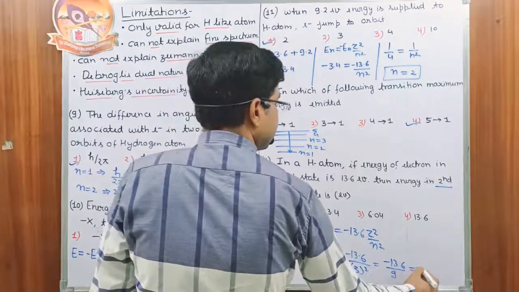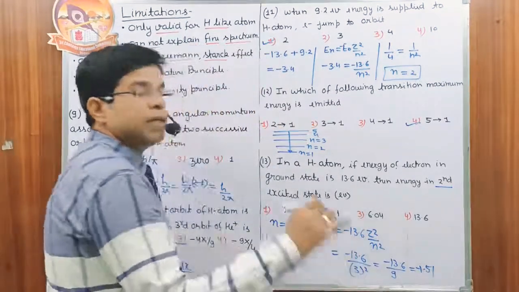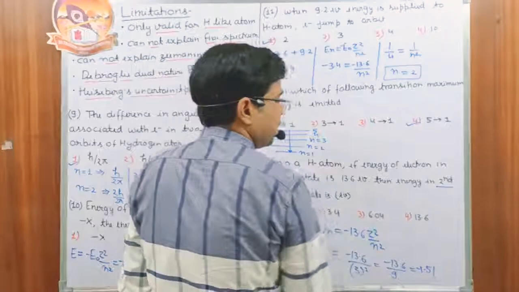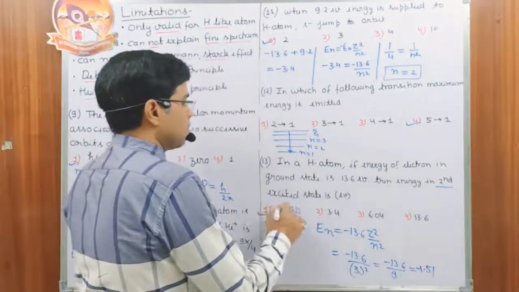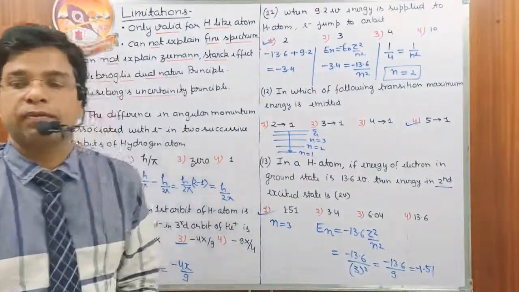What is that? It is minus 1.51 electron volt. So the correct answer of this question is option number 1.